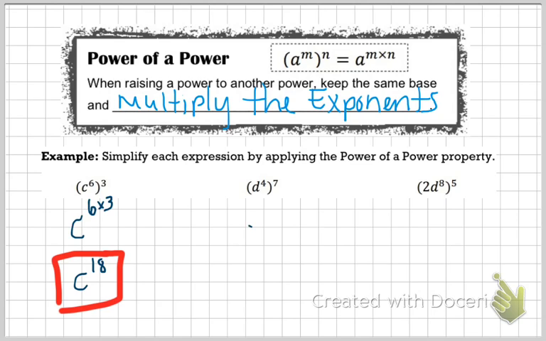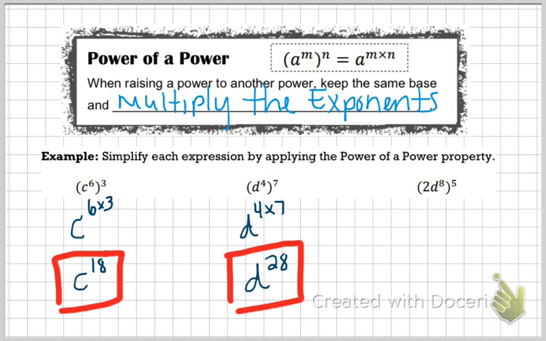Next one, d to the 4th, and that is raised to another power, which is 7. So we have a power raised to another power, which means we can multiply them. So that gives us d to the power of 28. Simple.